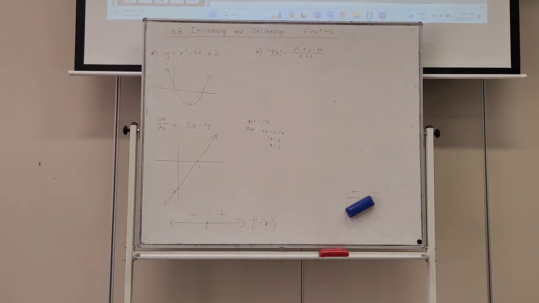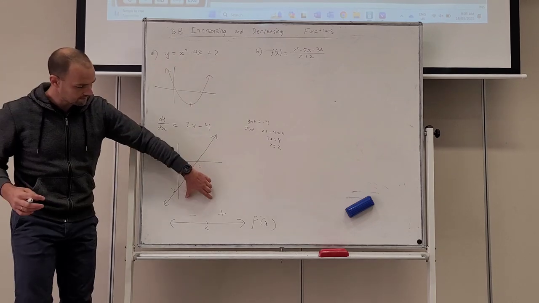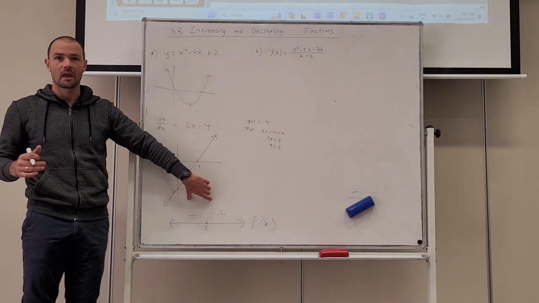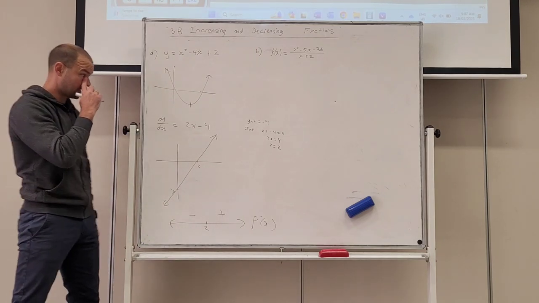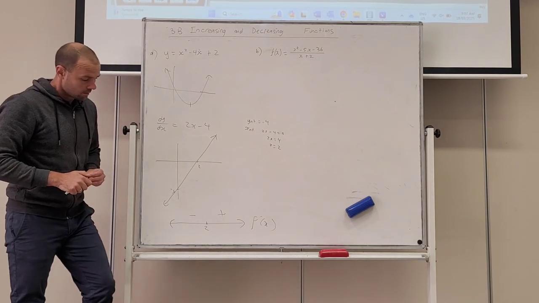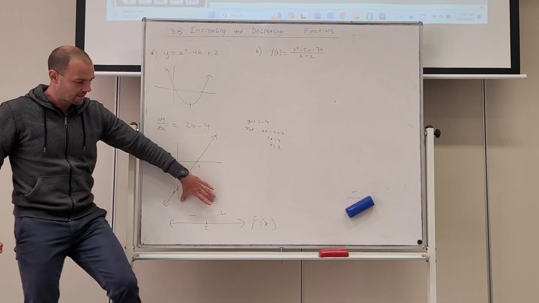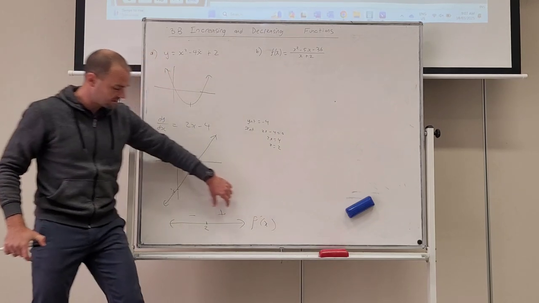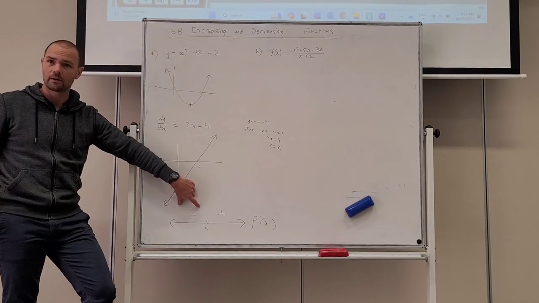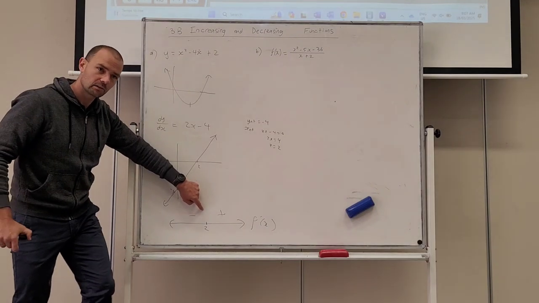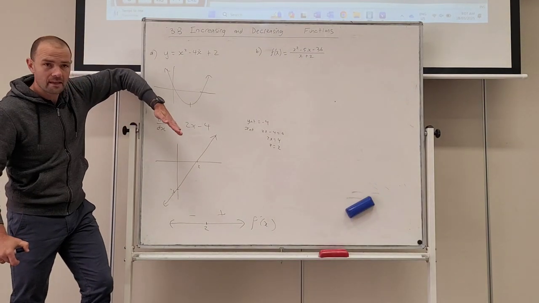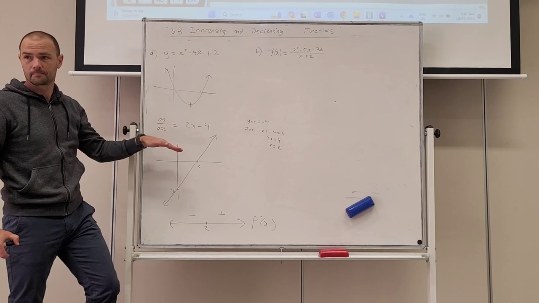Now what I want to point out is a link between this sign diagram and the original function that we've sketched. This sign diagram tells us, remember it's the slope, we have negative slope until we get to x is 2. What does negative slope mean? Negative slope means you're decreasing.